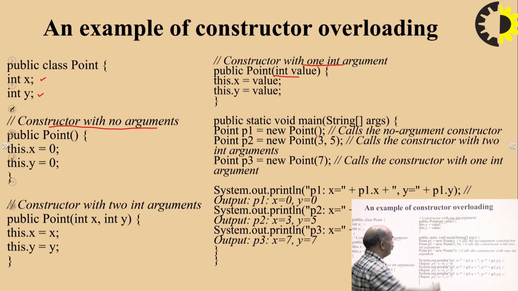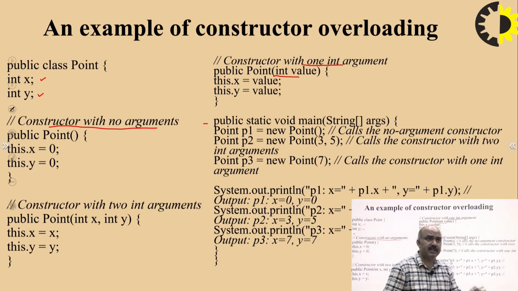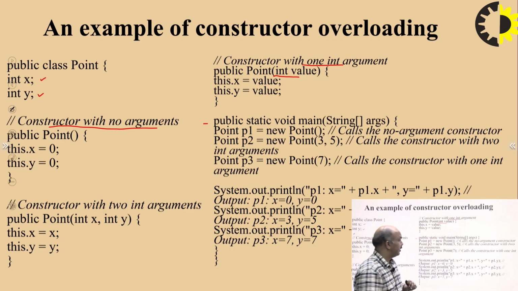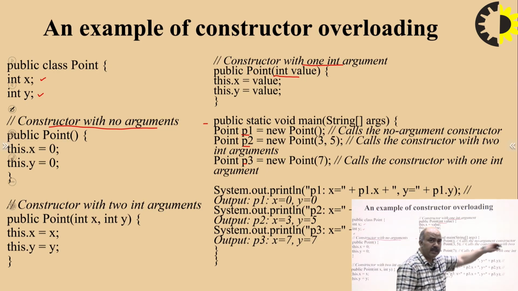Now we come to the main method. As we are defining three types of constructors, one with no arguments, one with two arguments, and one with one argument, we create three objects, P1, P2 and P3. So Point P1 equals new Point(), the constructor with no arguments.